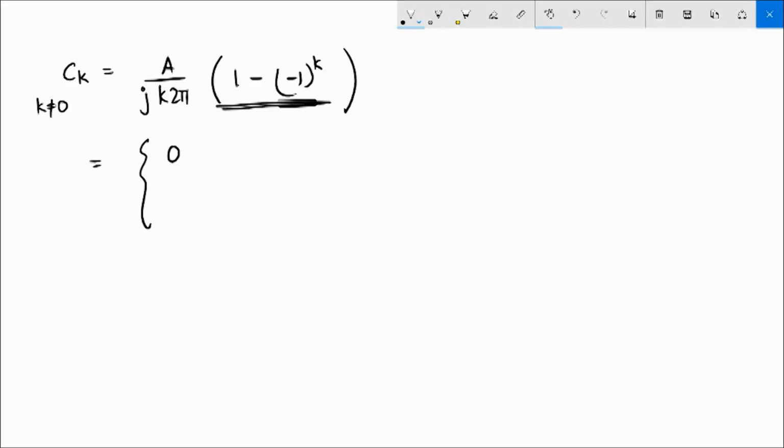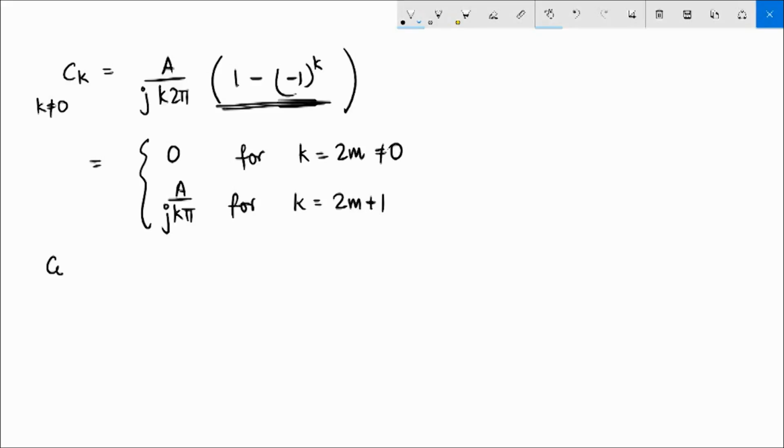So Ck would come out to be 0 whenever k is even, meaning k is of the form 2m, but not equal to 0. And whenever k is odd, this term would come out to be 1 plus 1, 2. And 2 and 2 would get cancelled, and you would get A upon j k pi for an odd k, meaning of the form 2m plus 1.